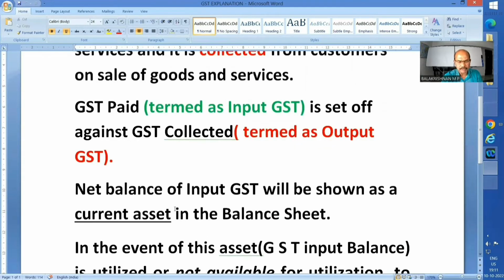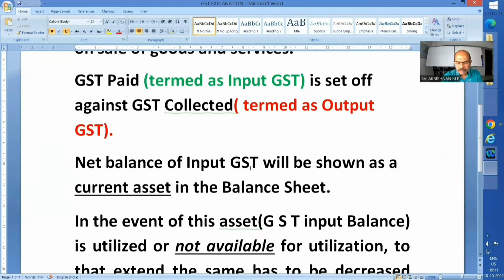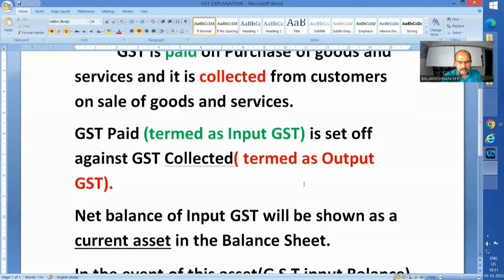Okay. Now, the net balance of input GST will be shown as a current asset in the balance sheet. What is this net balance? You have been accumulating your GST on your purchases, and you have been using it also while discharging your GST obligation. A net balance, if at all it is there, will be an asset because it can be set off for future obligation.